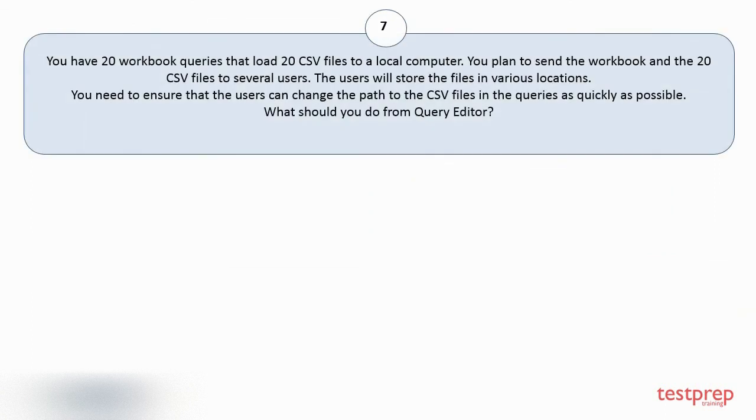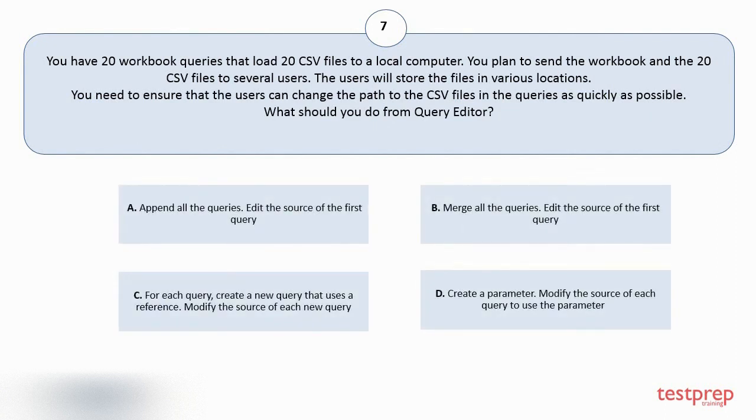Question number 7. You have 20 workbook queries that load 20 CSV files to a local computer. You plan to send the workbook and the 20 CSV files to several users. The users will store the files in various locations. You need to ensure that the users can change the path to the CSV files in the queries as quickly as possible. What should you do from Query Editor? Your options are A. Append all the queries.